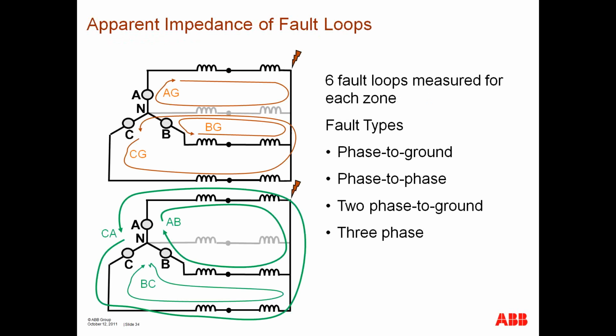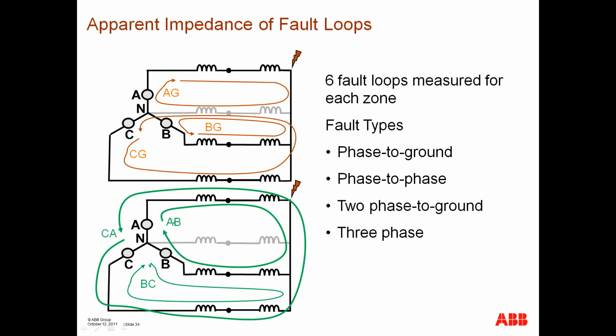Let's talk about apparent impedance fault loops. There are 6 fault loops measured by each zone. And the fault types you have are phase to ground, phase to phase, 2-phase to ground, and 3-phase. As you see here, we have the A to ground loop, the B to ground loop, and the C to ground loop.